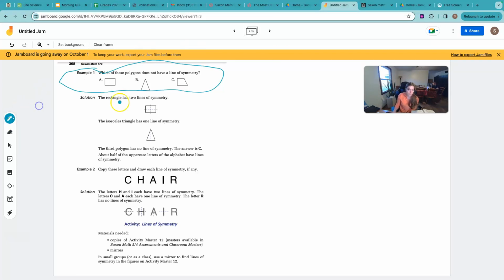We have a rectangle here for A. Let's test it out. Can we cut it in half this way? Yes. If we folded it over, would it be a perfect mirror image? Yes. We could also go this way, right? So that has at least 2 lines of symmetry. We can rule that out because the problem's asking which one does not have a line of symmetry. Alright, let's check B.